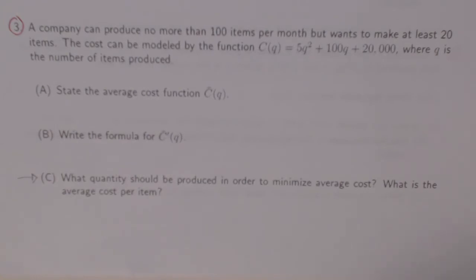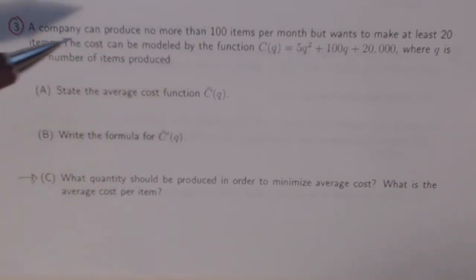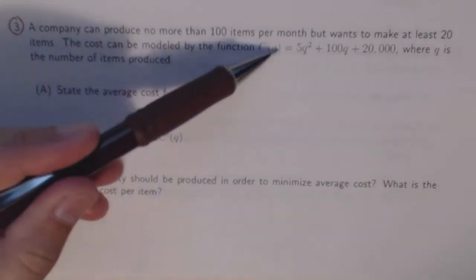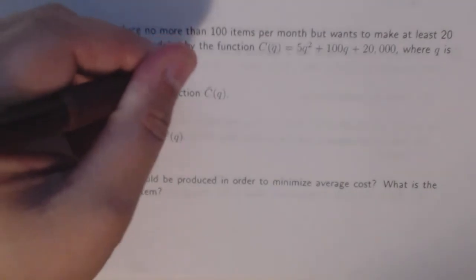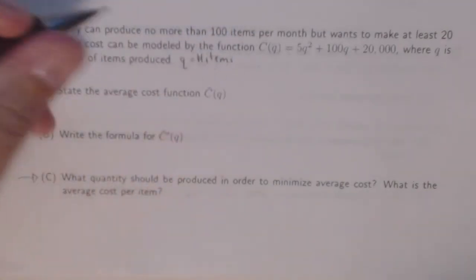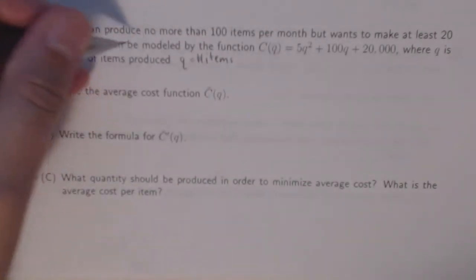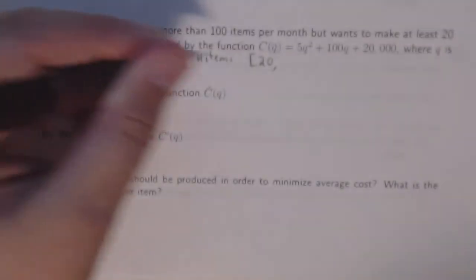Okay, so the first thing you notice is that there's a restriction on what the company can produce. They can produce no more than 100 items and at least 20 items. And Q is my input. Q stands for number of items. So my input is number of items, and they're telling you the domain has to be at least 20 and no more than 100.